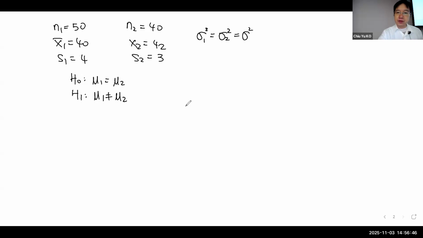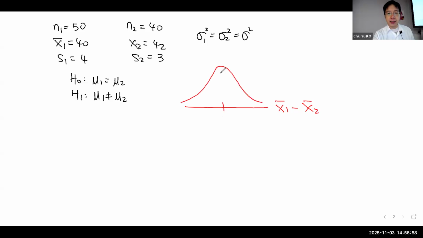First thing we know is, because everything is a bell, the difference between these two sample means is also a bell. This comes from the idea that the difference between two bells is also a bell. And under the hypothesis this is 0, because this is mu1 minus mu2. And what is the variance of this guy, x1 bar minus x2 bar?